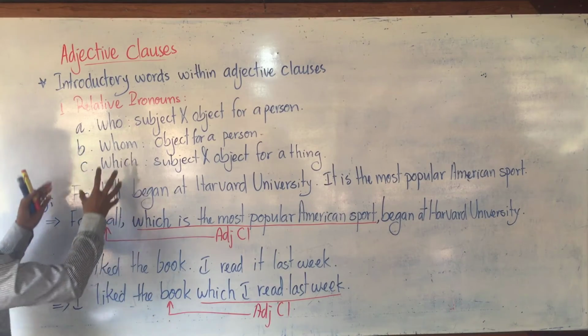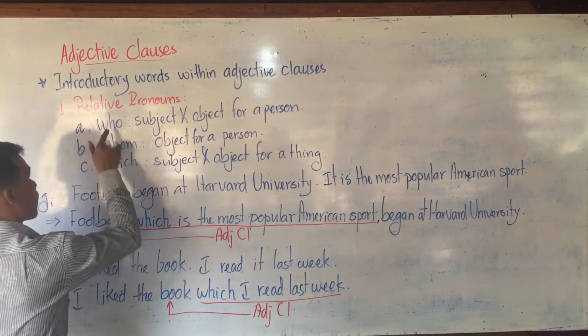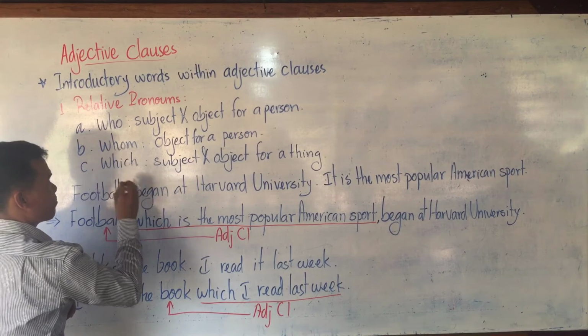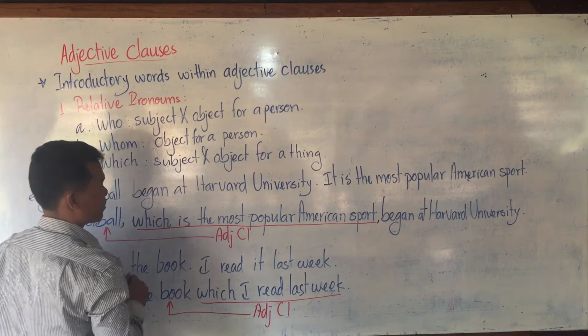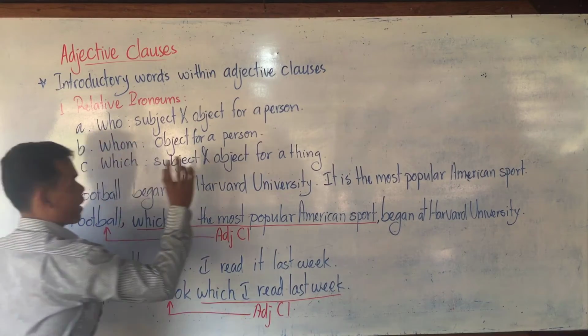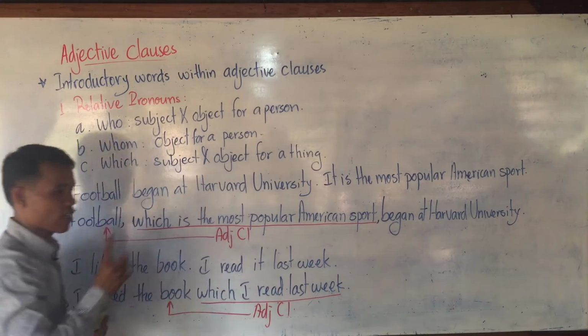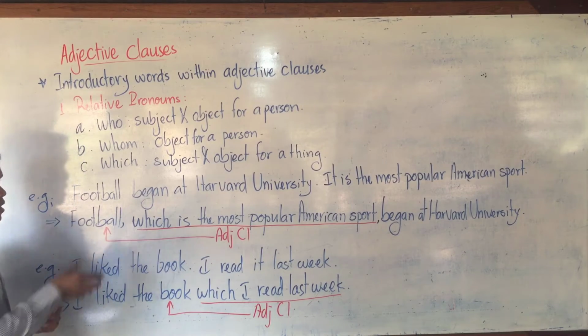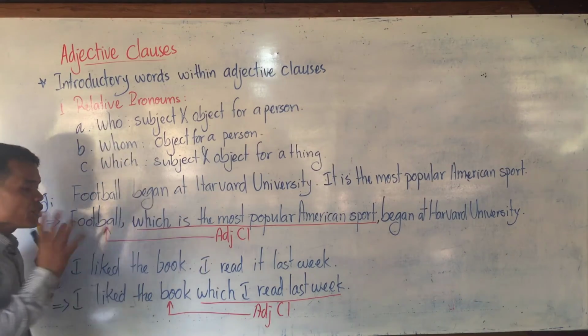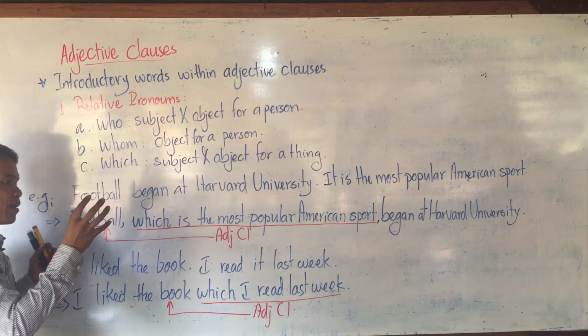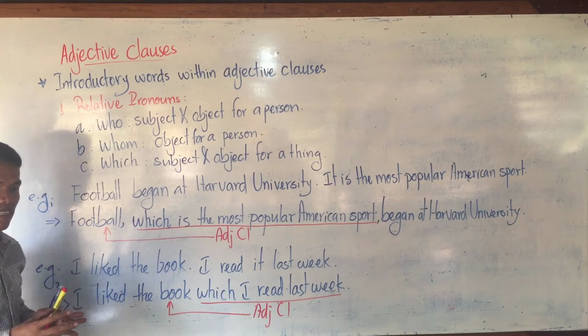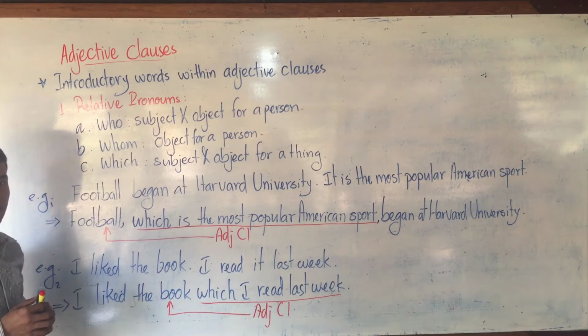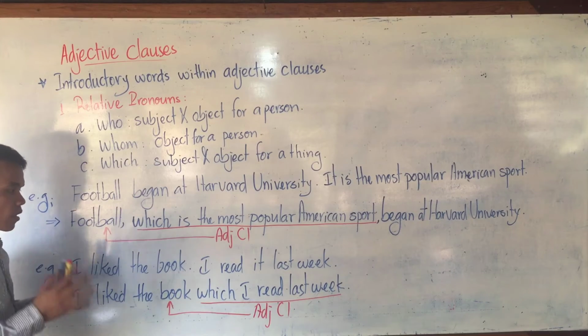Again, which is one of the relative pronouns that can be used as a subject and object in an adjective clause. It is used for a thing only. Which is not used for a person. Which can be used in both defining relative clauses and non-defining relative clauses.